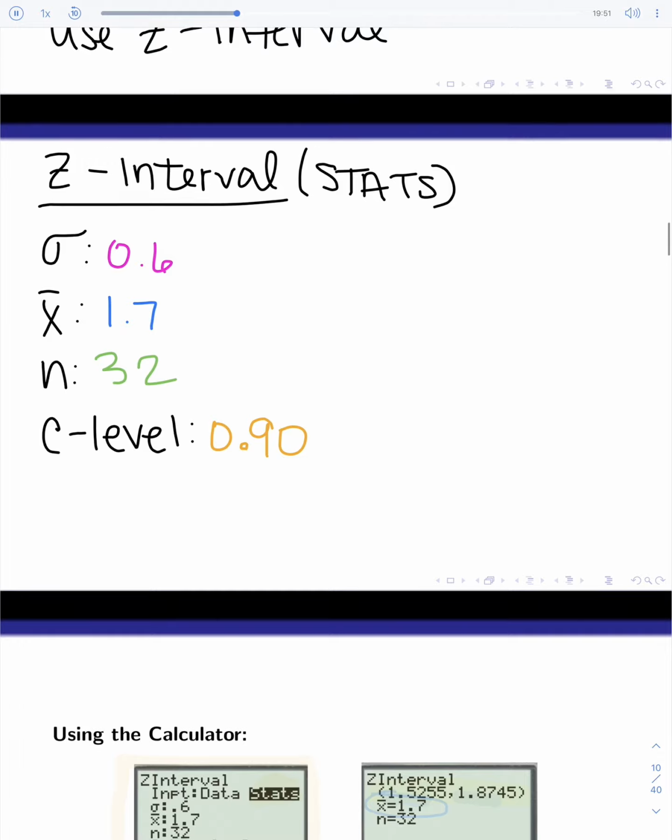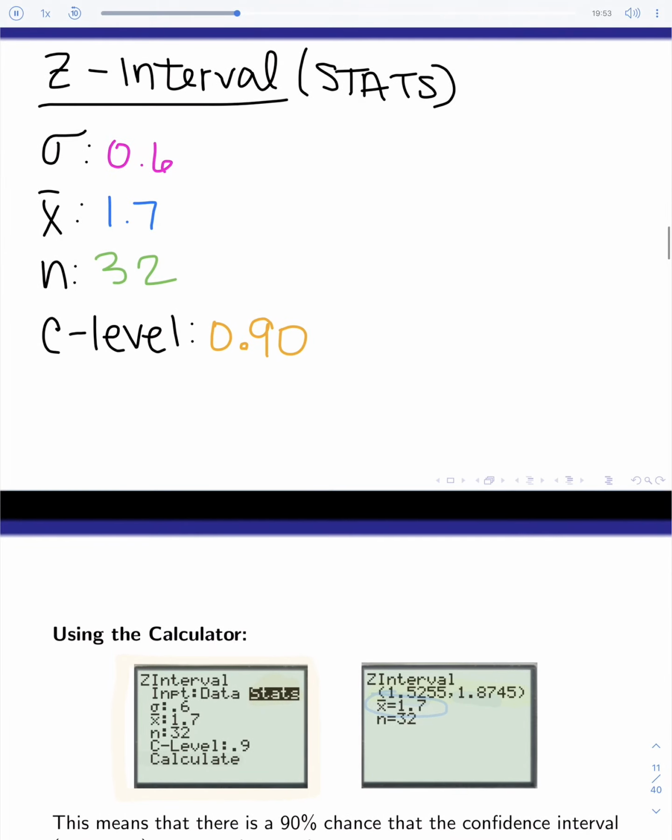So what it will look like in your calculator is the following. And again, remember we chose stats. You'll enter in all the information we just talked about, and then you'll arrow down to the very bottom and select calculate.